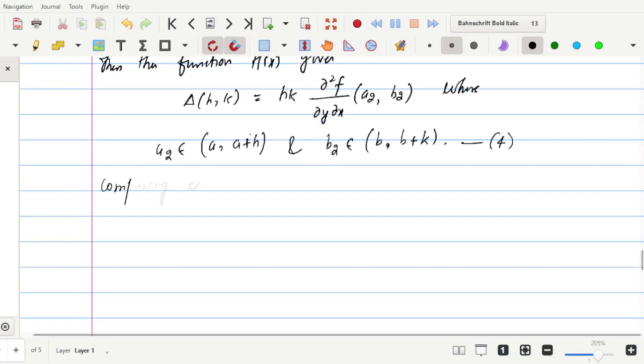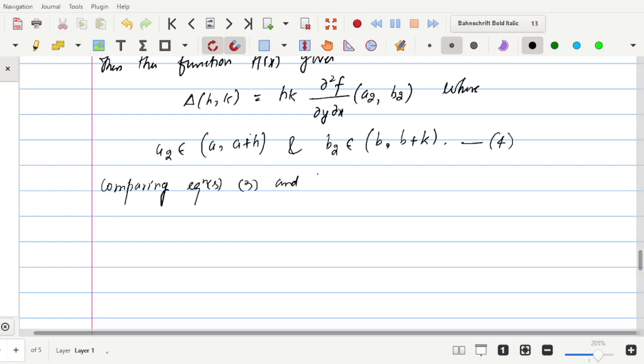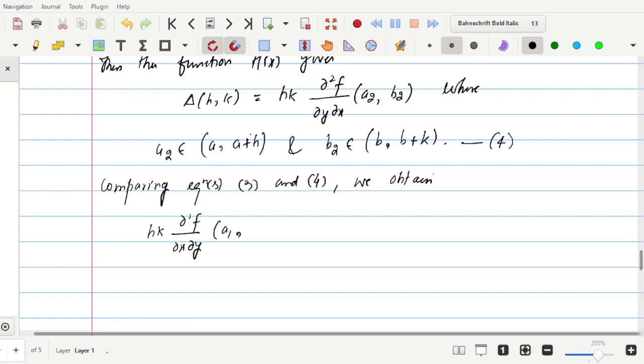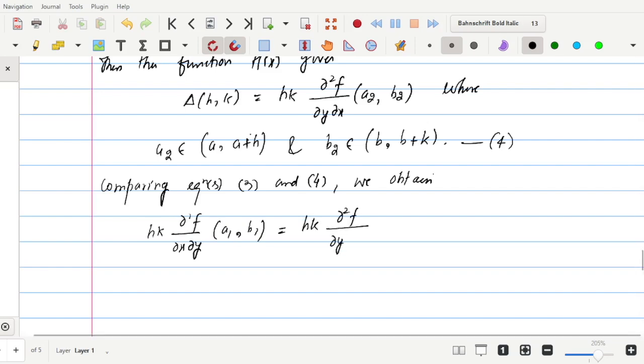So comparing equations 3 and 4, we obtain h k times del square f by del x del y at some point a1 comma b1. This is equal to h k times del square f by del y del x at a point a2 comma b2.